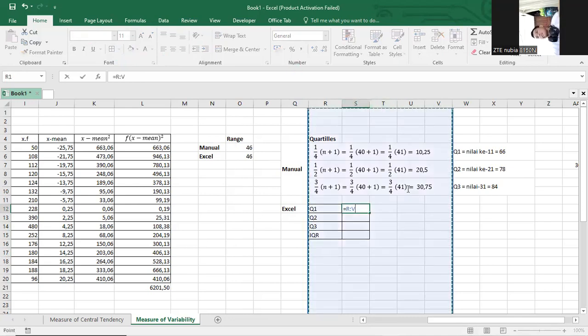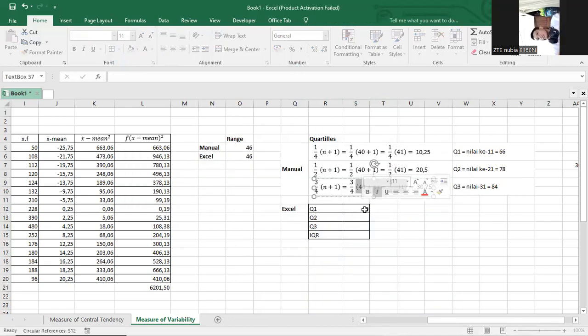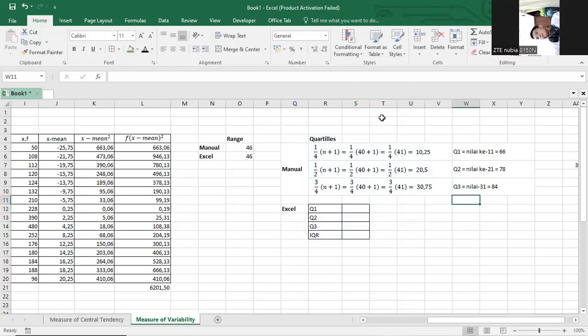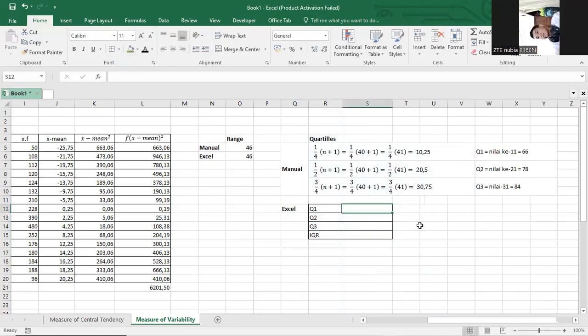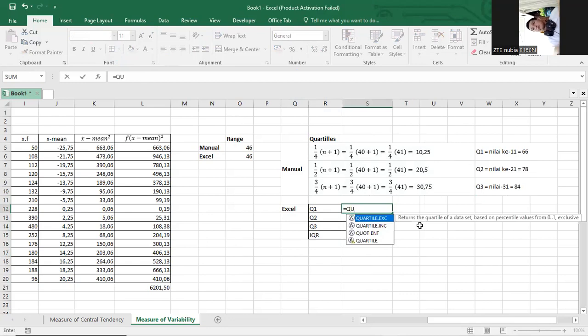To find quartile in Excel, all we have to do is type quartile exclude.